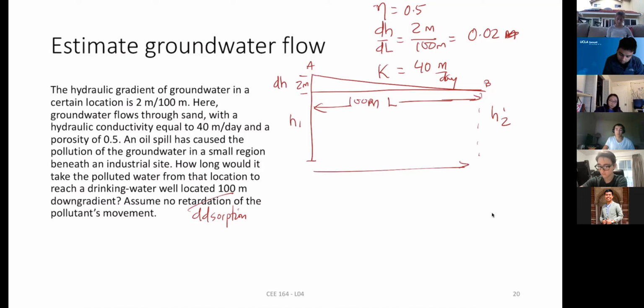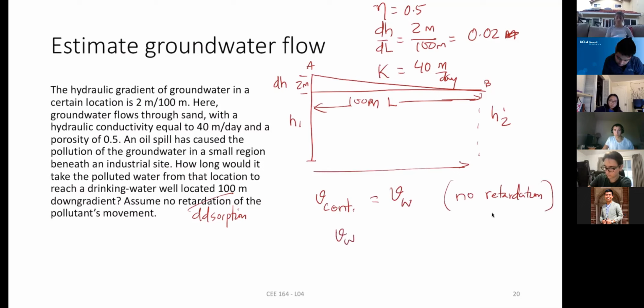So the velocity of contaminants must be the velocity of water, because there is no adsorption, no retardation. Now you have to calculate the velocity of water. The velocity of water is Darcy's velocity divided by porosity.